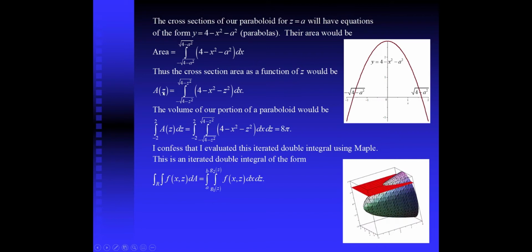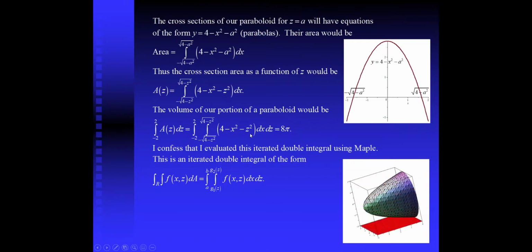Now, as a function of z, you see, I can come up with a cross-sectional area function as a function of z. Just replace the a with z, and whatever value of z you have along here, the cross-sectional area will be this integral right here. So the volume of our portion of a paraboloid would be the integral from -2 to 2 of the cross-sectional area function, in this case as a function of z, which was that function right there.